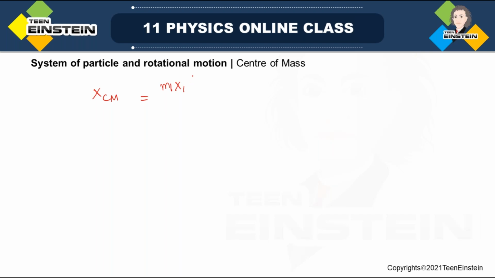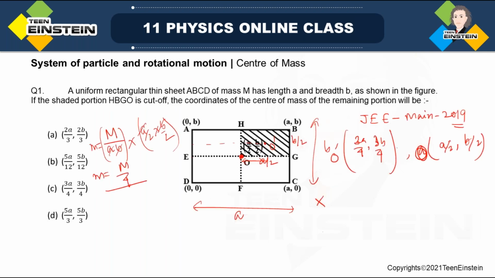In this case you can consider there are two particles, one with this and another one. So one has mass M, and another one has mass M by 4. I'm sorry, not M. Yes.